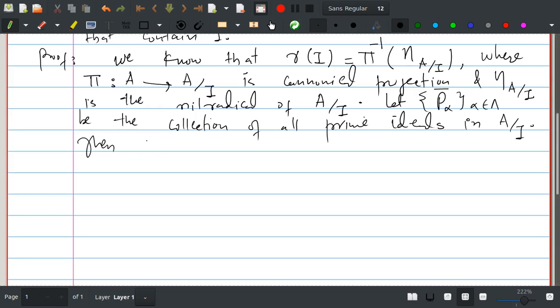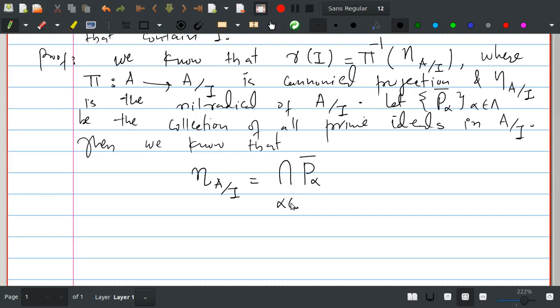Then we know that this nil radical of A mod I is actually the intersection of these P alpha bars, these prime ideals, where this alpha is in lambda.